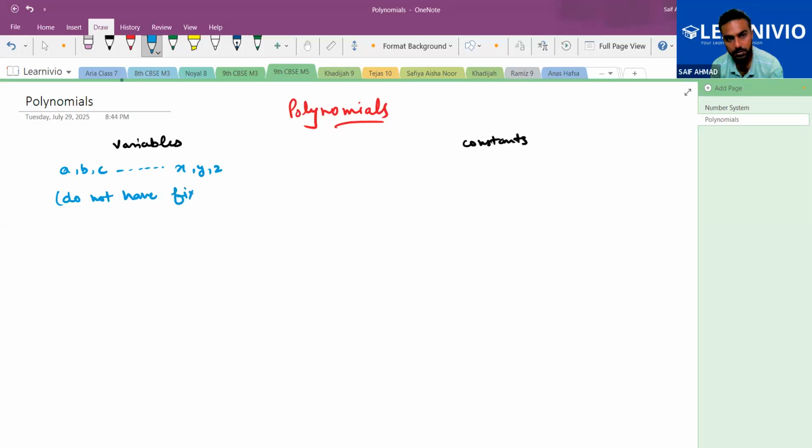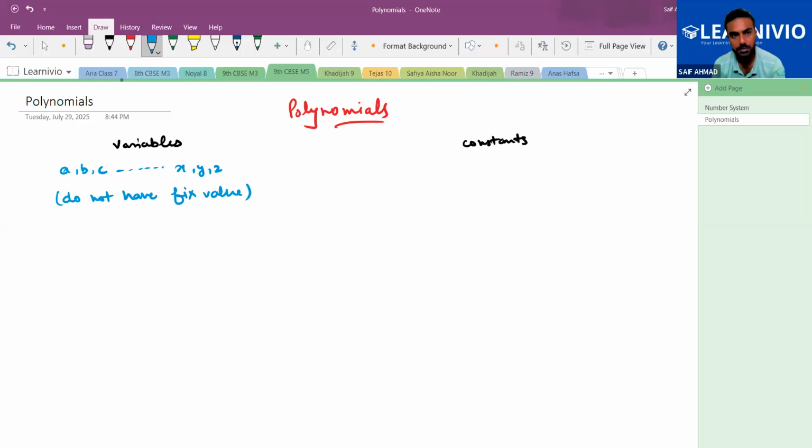These values can be varied according to the situation. Something x is equal to 2, 3, 4, 5, negative values, rational numbers. So these are called variables.